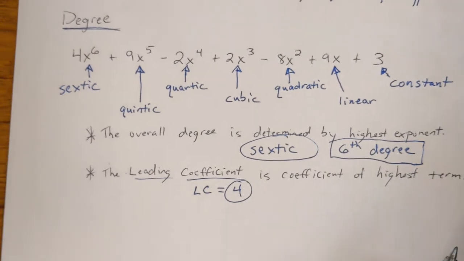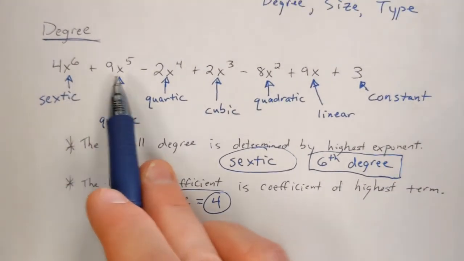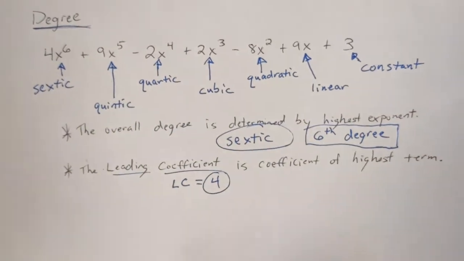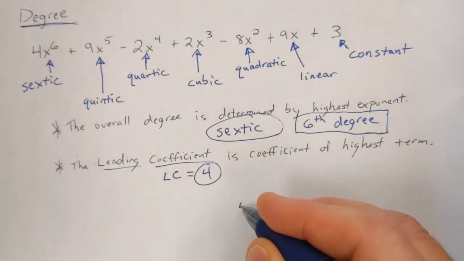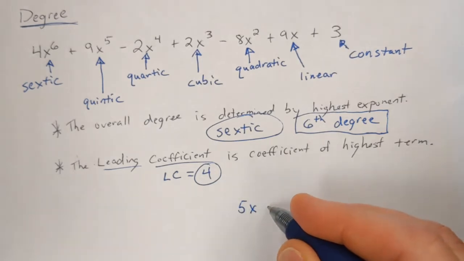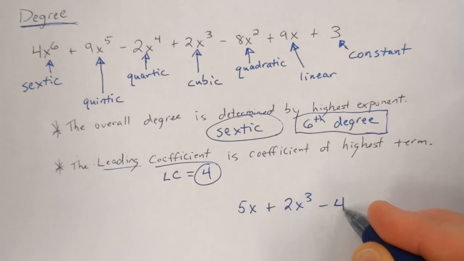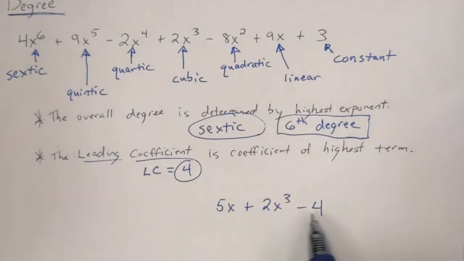And I think this is a good time to point this out. A lot of times your polynomials will be written in what is called descending order. But let's just suppose for a second you had a problem where they were not in descending order. Here's a polynomial where the highest degree is actually this third degree.